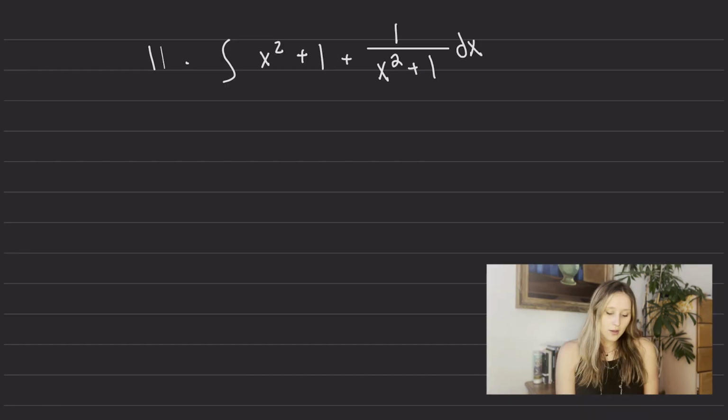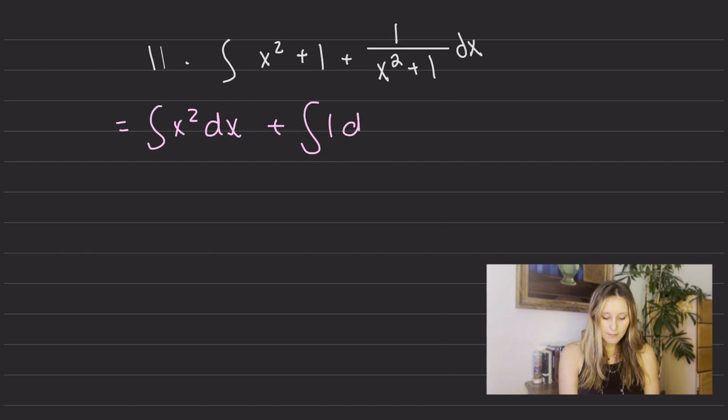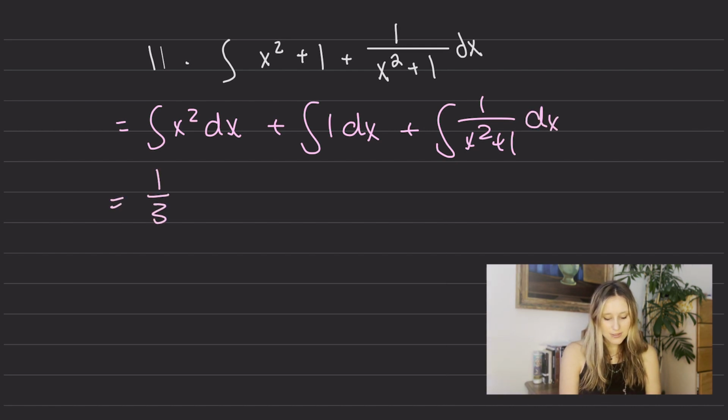Good job. For something like this, we're going to want to separate these three things because obviously it's going to make it a little bit easier. So we're going to do all of these separately. Okay, and we already know how to do all of these things.